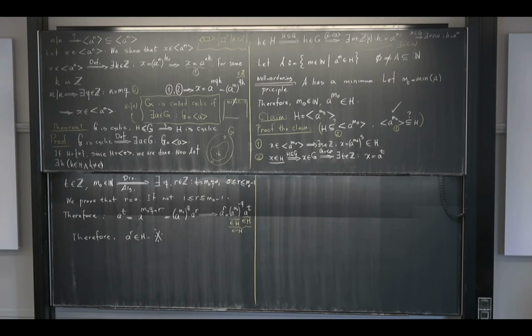A to the power 0 is not in H? No, this is a to the power r. A to the power 0, by the way, you are confused, is definitely in H. If I ask you what a to the power 0 is, what do you say? e. If you have a subgroup, it should contain the identity. Otherwise, it is not a group in itself.